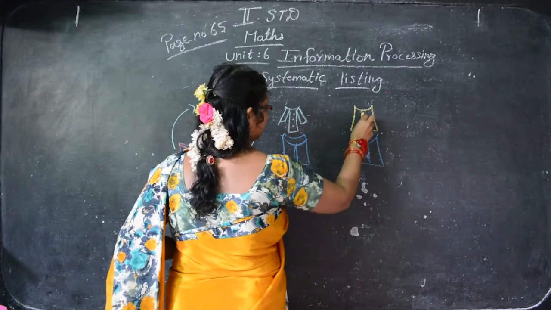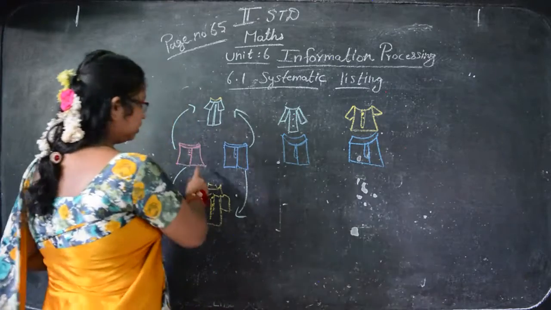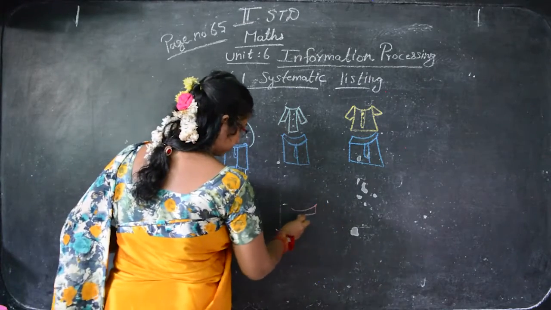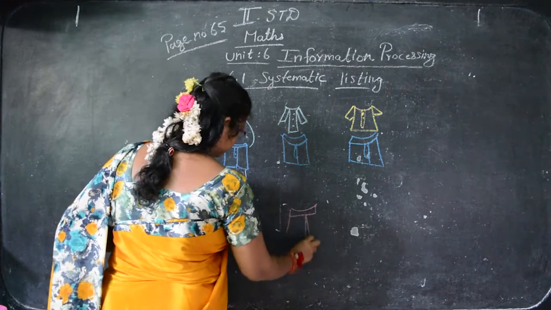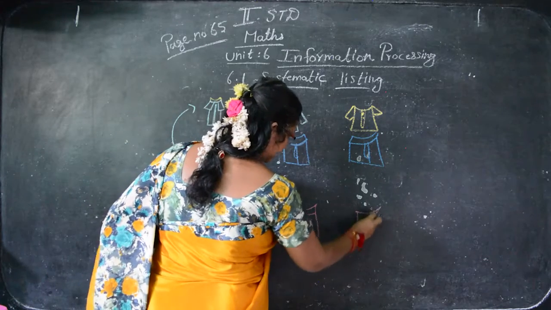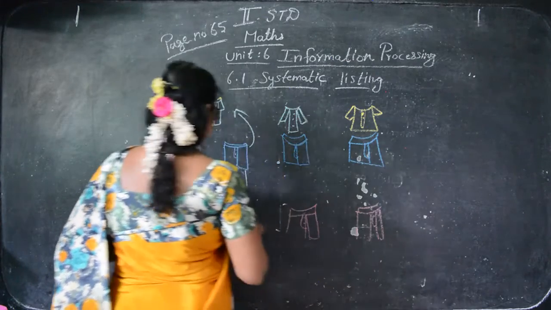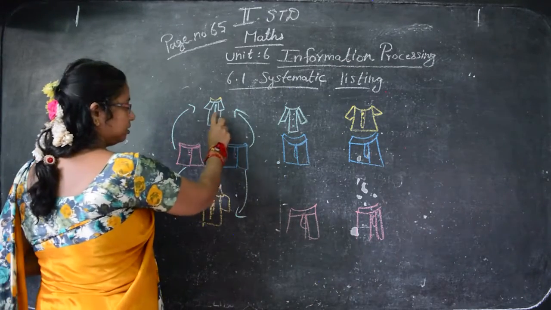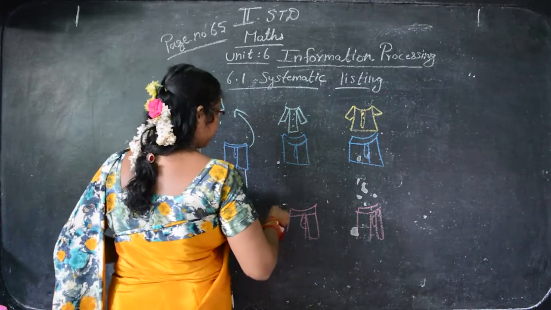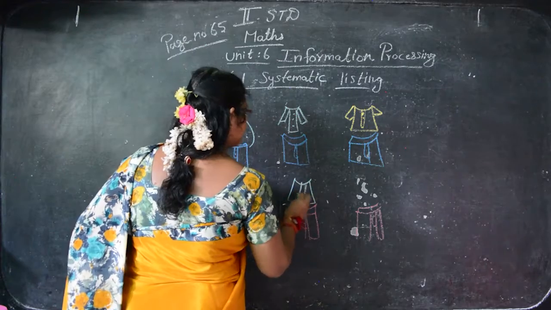Then for the red color trouser we can wear, again red color trouser, we can wear the green shirt and the yellow shirt. In 4 ways we can wear, possible ways.